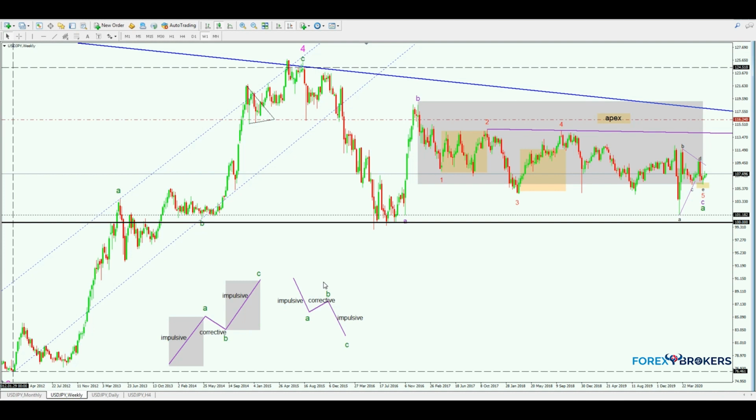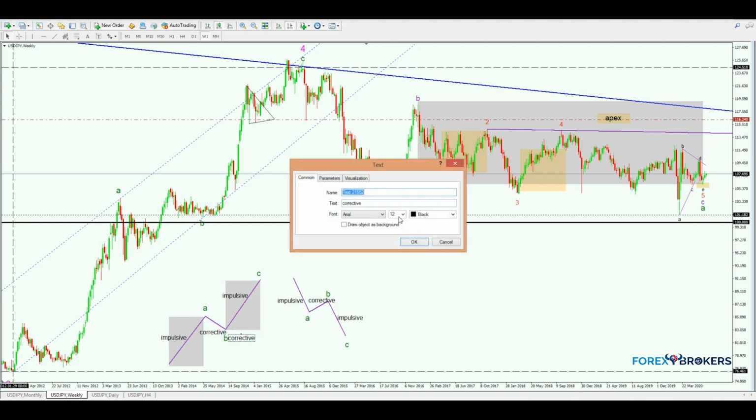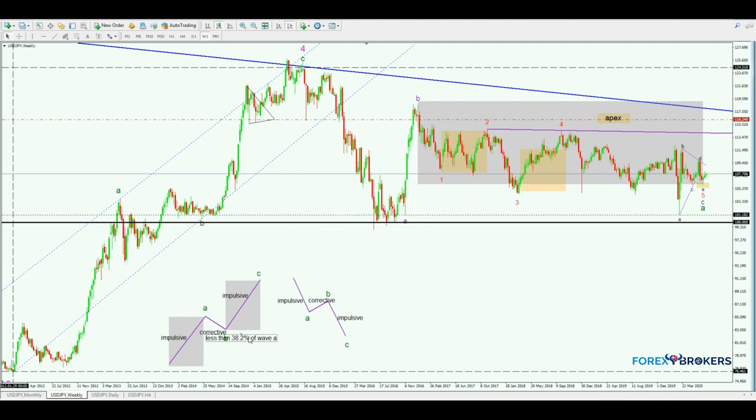This is one of the most important conditions in a zigzag. The B wave in a zigzag rarely retraces beyond 38.2. So the B wave should retrace less than 38.2 of wave A. Obviously, it can retrace 50%.